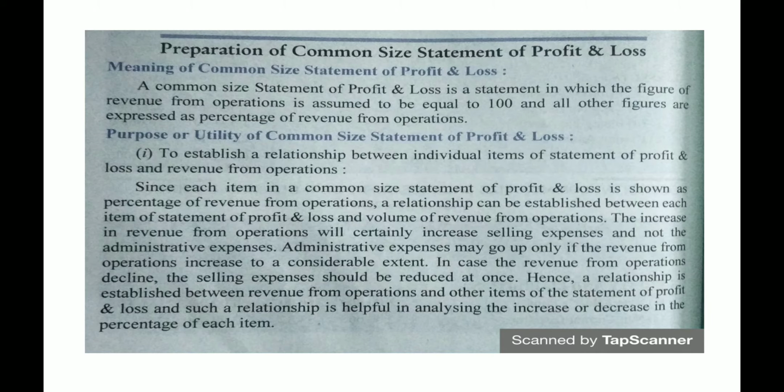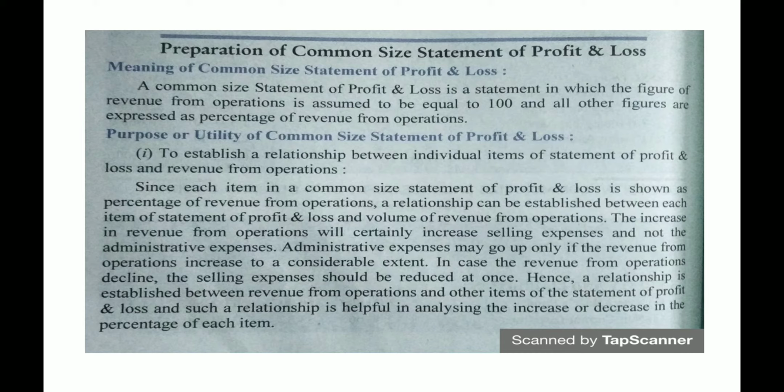Okay, preparation of a common size statement of profit and loss account. So, the meaning of common size statement of profit and loss account: it is a statement in which the figure of revenue from operation is assumed to be equal to 100 and all the other figures are expressed as a percentage of revenue from operation.